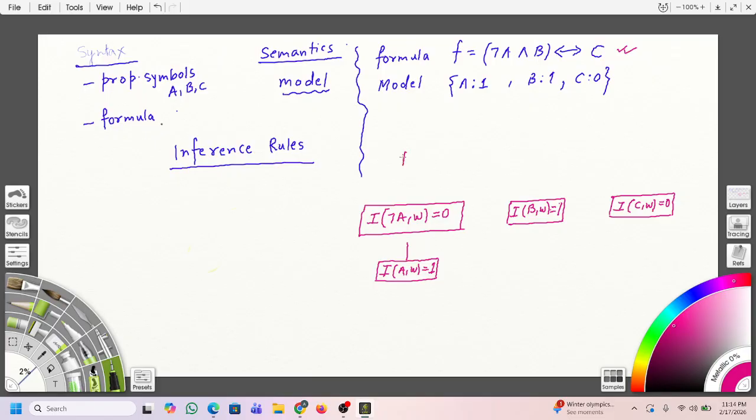So in the next step, I need I of negation of A and B. What will be its value? This is equal to 0, this is equal to 1. If it is and, then both should be equal to 1, only then the value is 1.